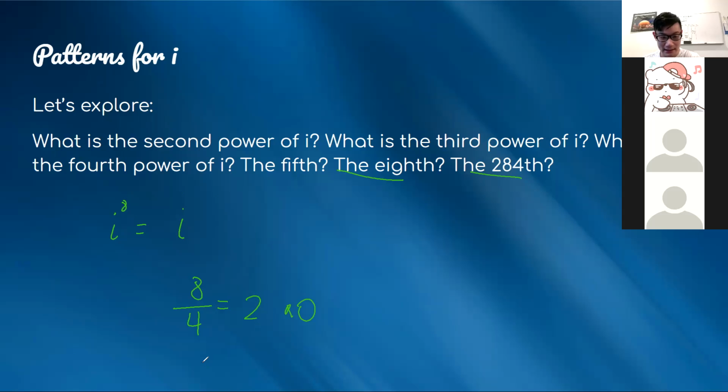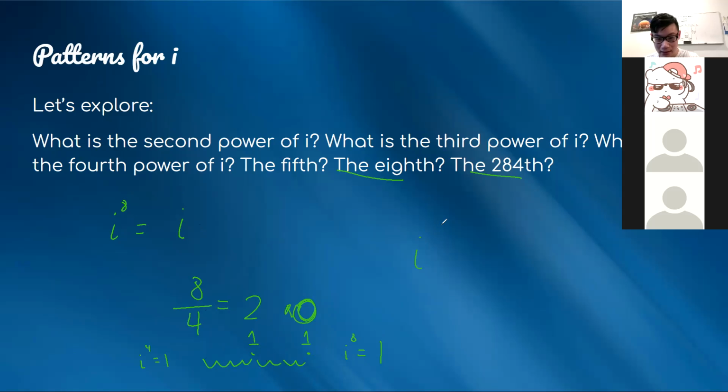And this means that it repeats its cycle 1 time, its cycle 2 times. And we know that at the end of each cycle, it's just 1, because I to the 4th power is 1, and I to the 8th power is also 1. And so by doing this, we can see that the remainder actually tells us which part of the cycle we're on.